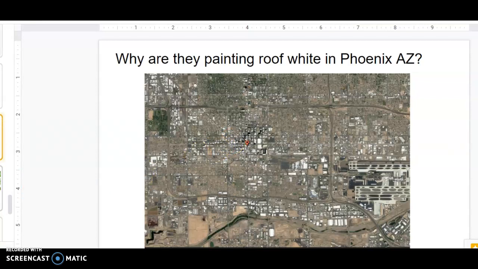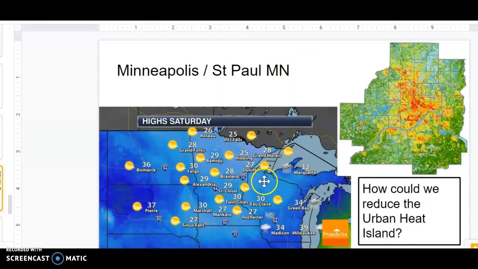And here in this Twin Cities area, when you look at weather maps, you'll notice that temperatures around the Twin Cities tend to be higher than other places around it, and it's because of this heat island effect.